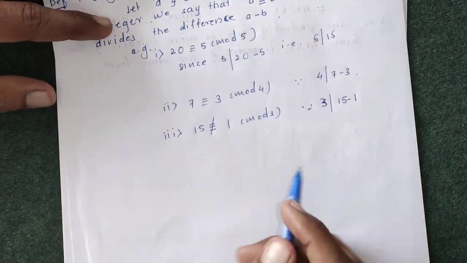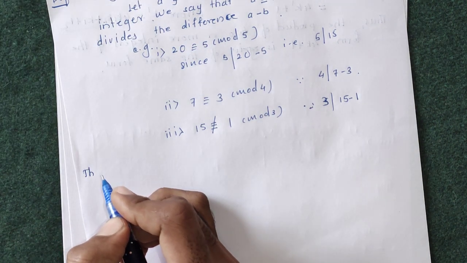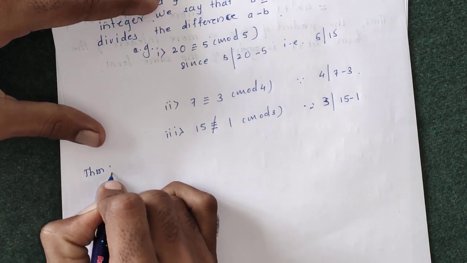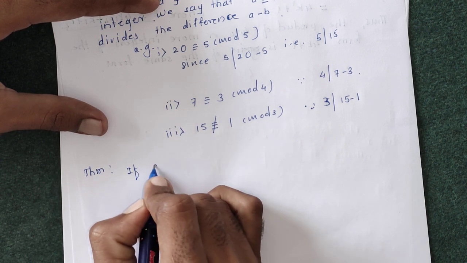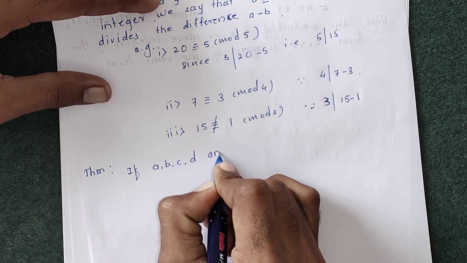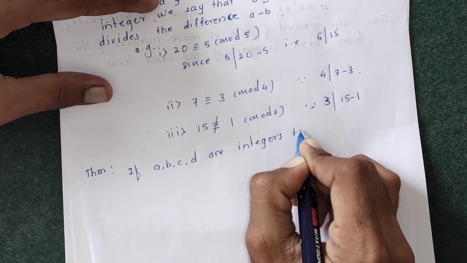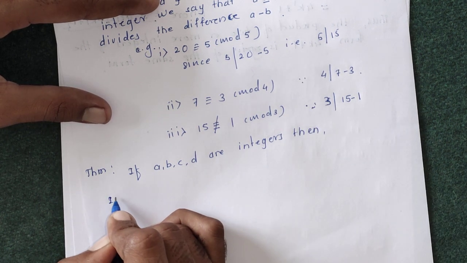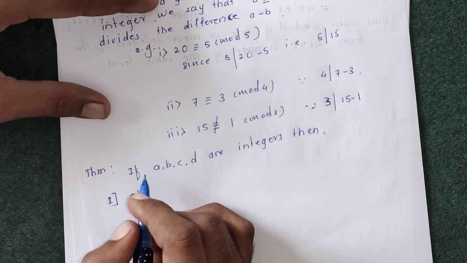Now we are going to see the theorem, with four or five statements. The statement of the theorem is: if a, b, c, d are integers, then the first statement has three substatements.